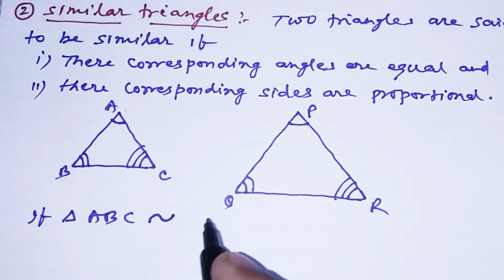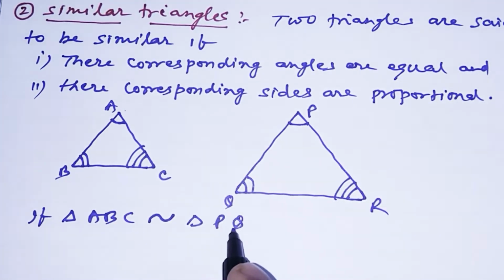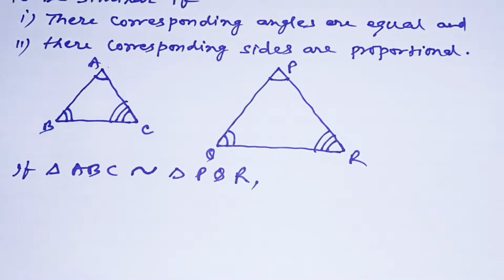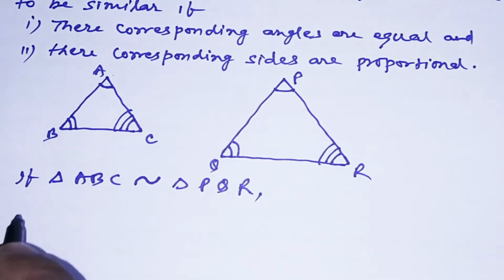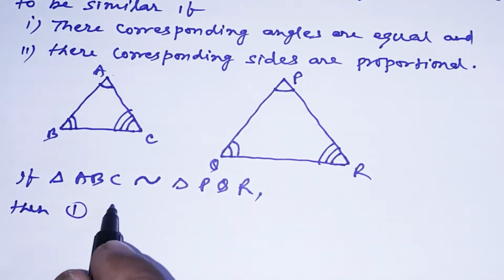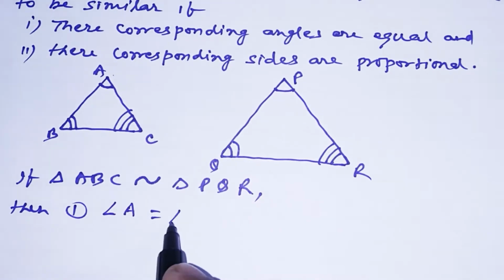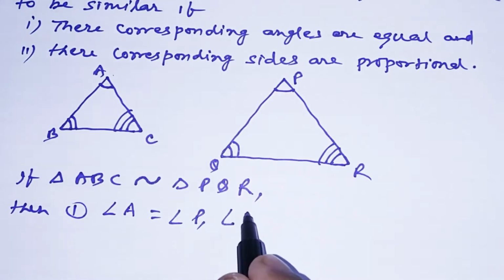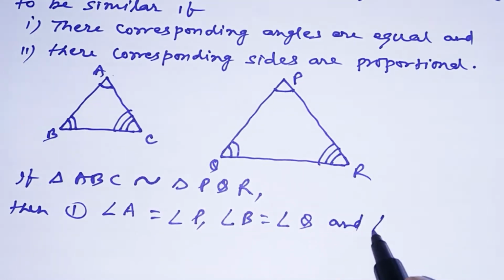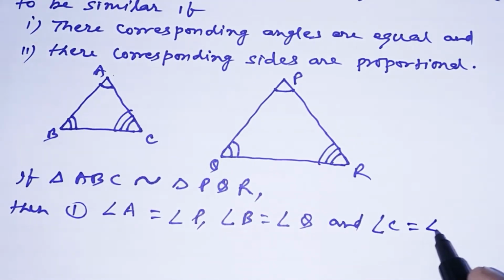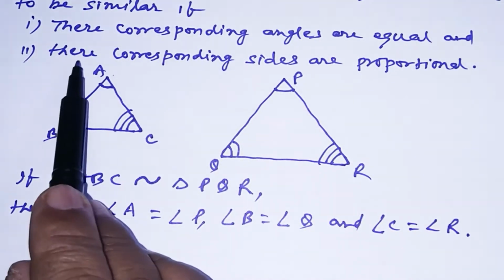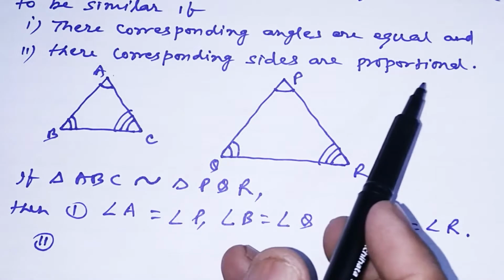Triangle ABC is similar to triangle PQR. Then we have two relations. First one, angle A equals angle P, angle B equals angle Q and angle C equals angle R. And the second one, as I said, their corresponding sides are proportional.